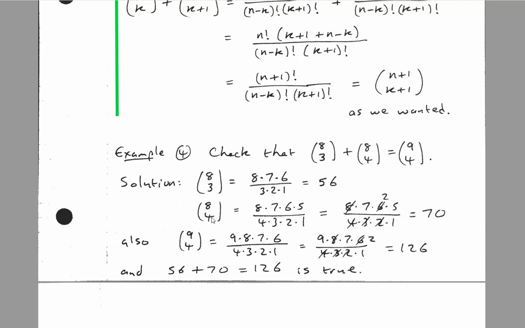So how many ways to choose 4 things from 8 things where you don't care about the order? 70 ways. And 9 choose 4, that's 126. So the formula looks good. Checks out in this case.